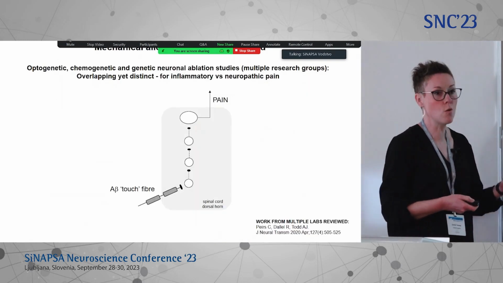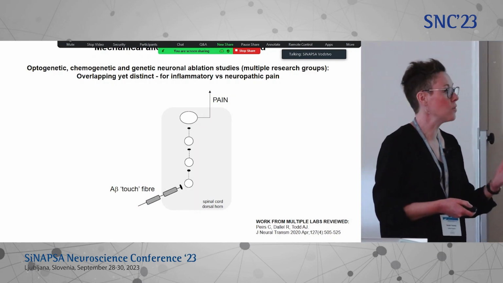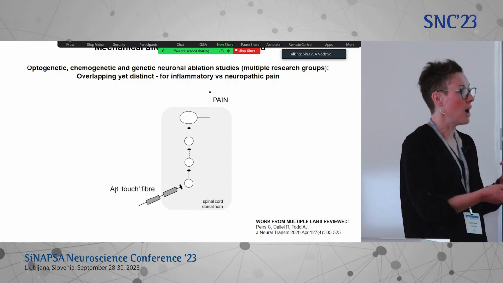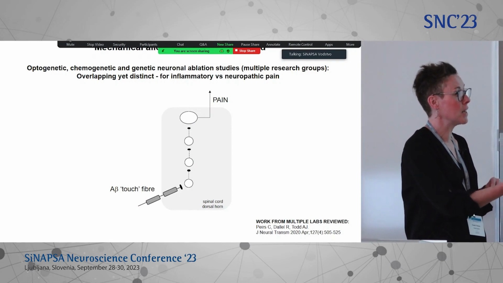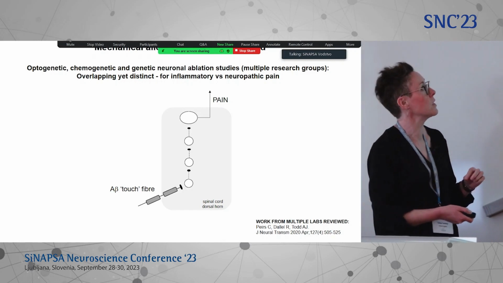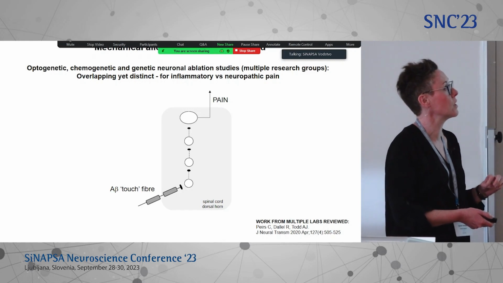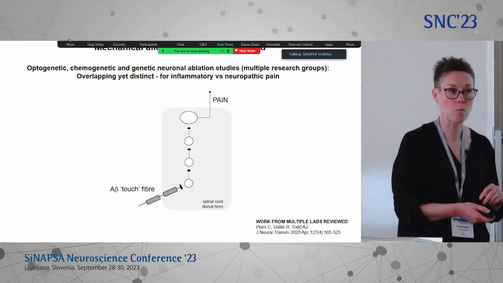So interestingly, over the last decade, a number of different research groups have begun to identify the neuronal subtypes that are involved in this allodynia circuitry using optogenetic, chemogenetic, and genetic neuronal ablation approaches.